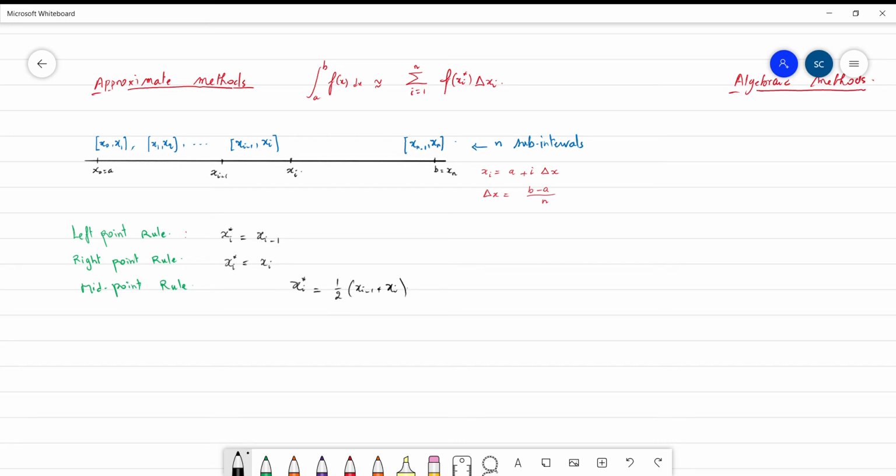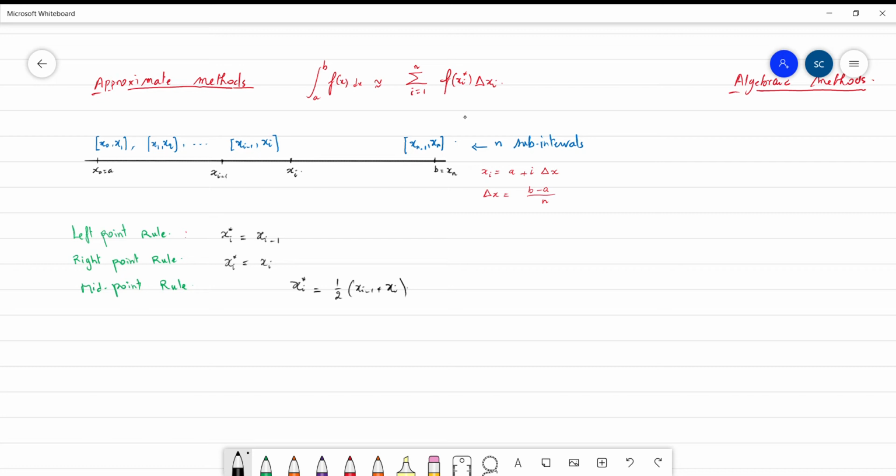And of course, we are not just guessing and approaching our integral by this sum. There are studies showing the error we are making when we do this approximation.